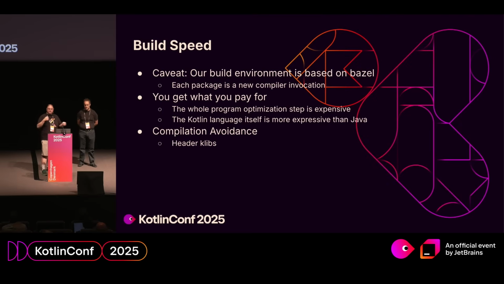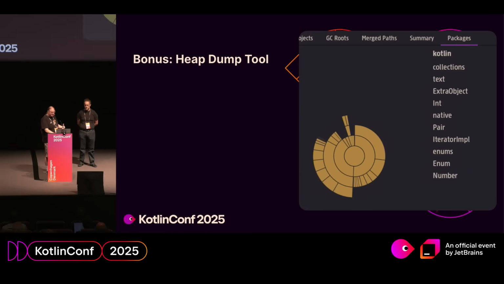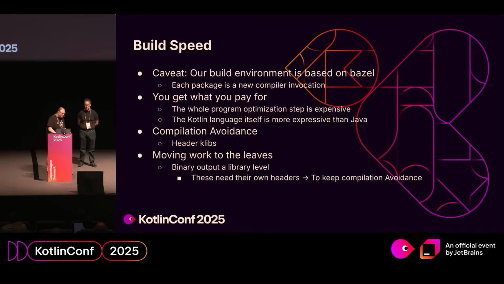Basically, it lets us do some structural rebuilding. And we also moved a bunch of the work out to the leaves. So we moved a bunch of the binary generation from that framework build step to the klib level. Right now, these are in our internal Bazel leaves.